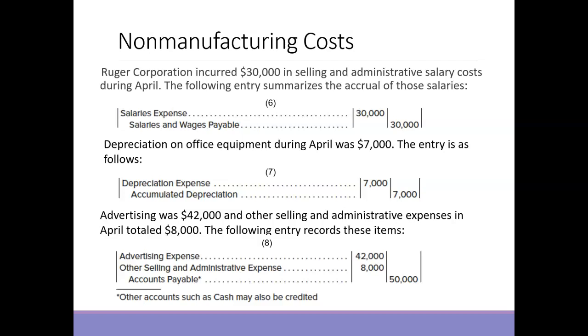So depreciation is an estimate also. Basically, there are guidelines as to how long certain items will last. Furniture and fixtures, they say, should last 7 years. Equipment oftentimes is 5 years.